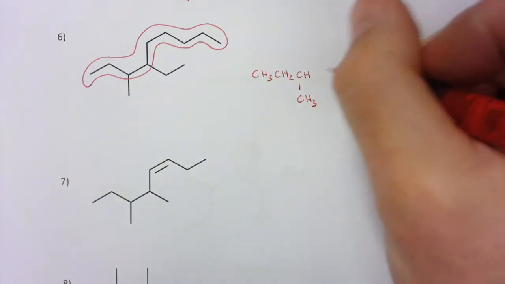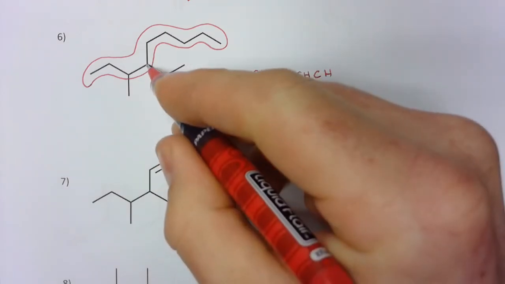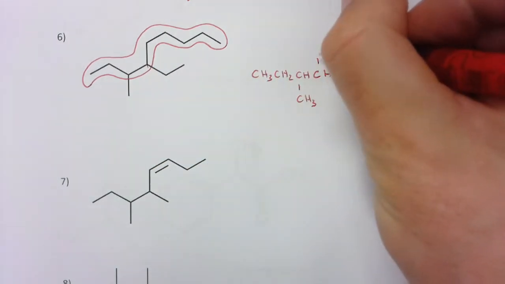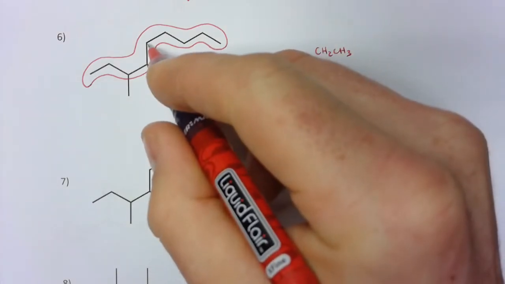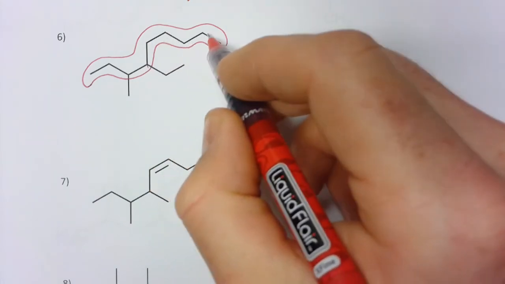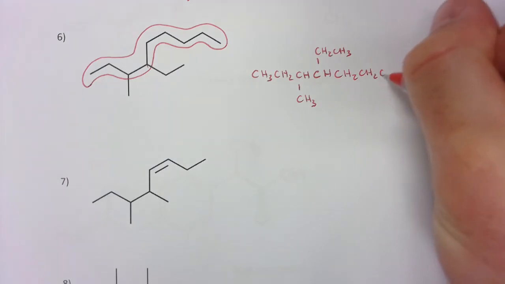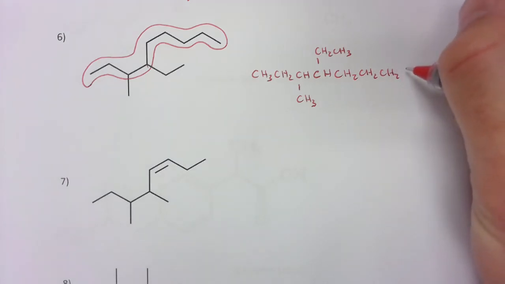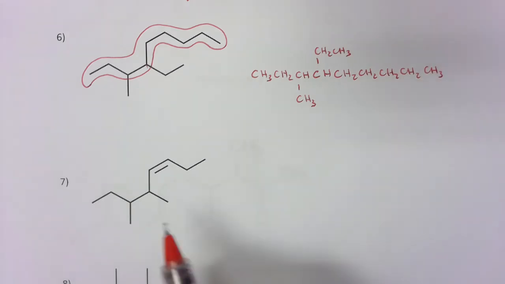I just kind of done it that way. The next one is a CH. That's this one here. And then the rest of these have no substituents. So it's just CH2, CH2, CH2, CH2, CH3. So 4 CH2s followed by CH3. Okay, so that's the condensed form.